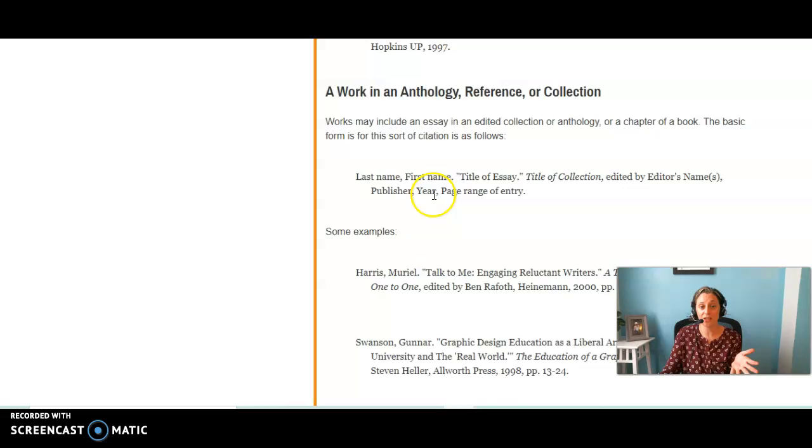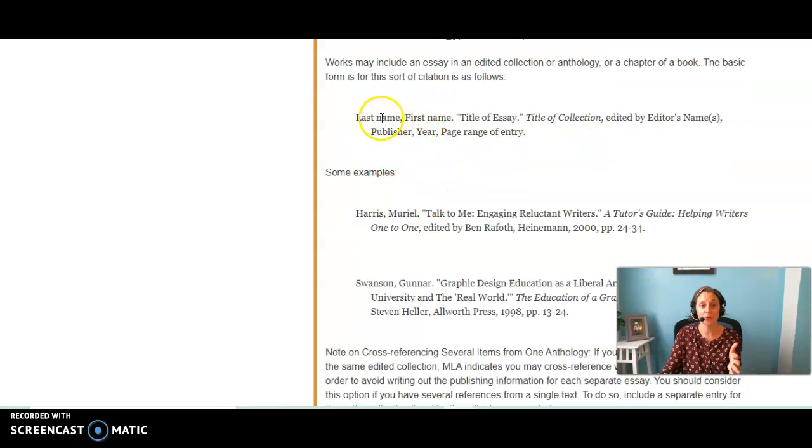So this is the format, right? Say, for example, if you were going to do Mike Rose's Blue Collar Brilliance, it'd be Rose, comma, Mike, period, the title of the essay in quotation marks with the period there. The title of the collection is the title of the book, Acting Out Culture, comma, edited by James Miller, I believe, right?